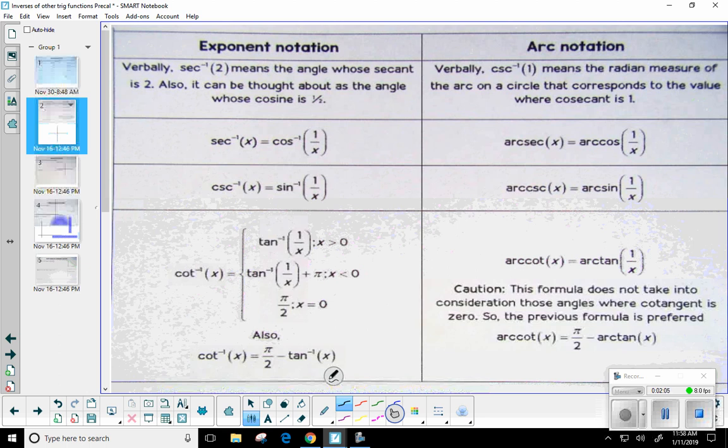Okay, so for example, what's the reciprocal of cosine? Oh, secant. Okay, the reciprocal of secant. What's the reciprocal of sine? Cosecant. And the reciprocal of tangent is cotangent. There we go. So this is what we're going to be doing. For example, if I were to have secant inverse, remember that little -1 tells me we're dealing with an inverse, of 2, I'm going to say cosine inverse of 1/2.